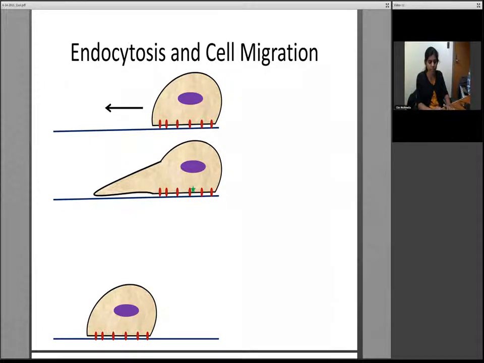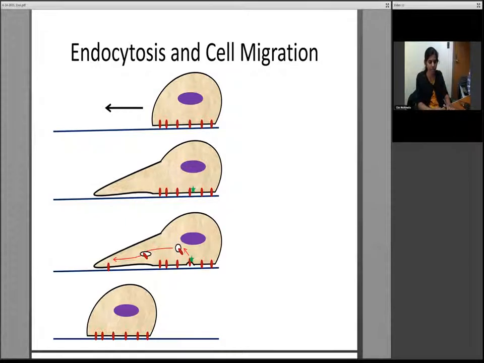The protein that we are interested in studying is epsin, which is represented here as a star. So this comes in contact with the adhesion receptors and incorporates them into these vesicular structures, which then get shuttled to the front end of the cell.